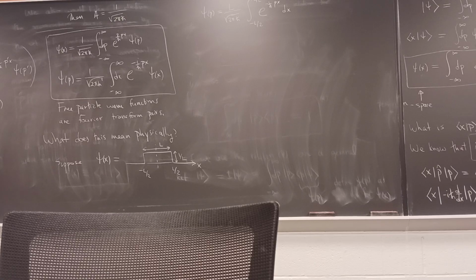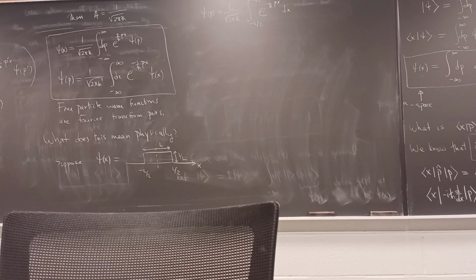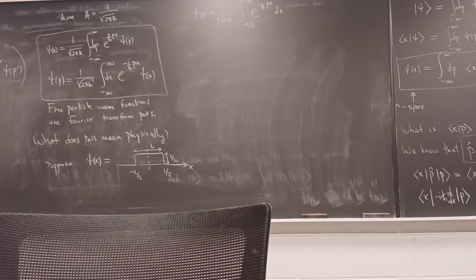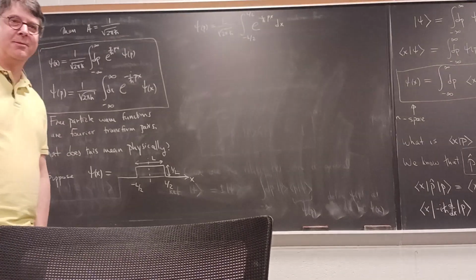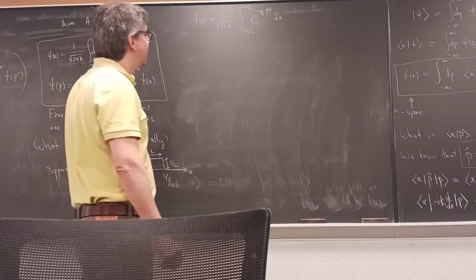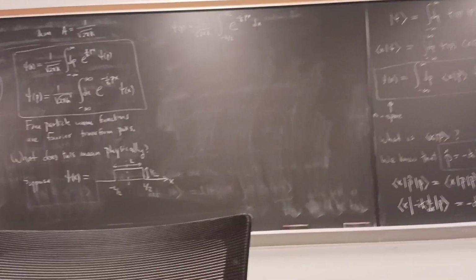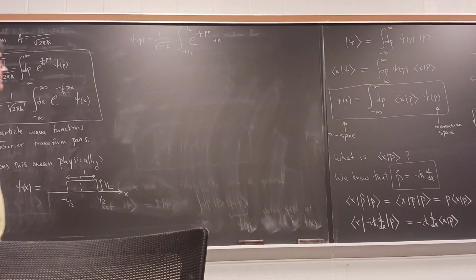How do you integrate this? It looks like what we did last time. How do I integrate just a simple exponential? Isn't it just itself? It is, but what do I need to do? Divide by negative i over h bar times p.